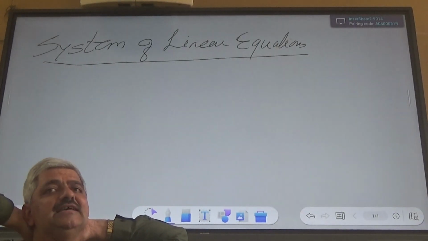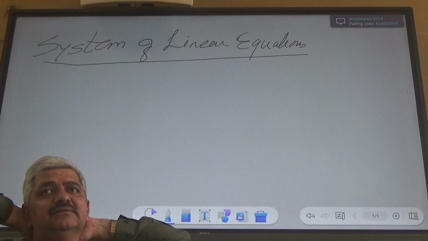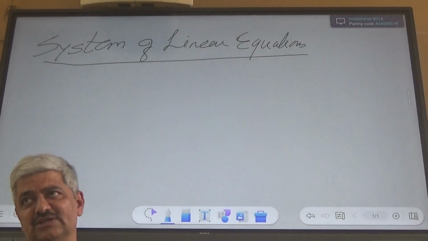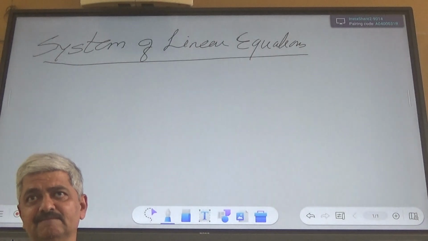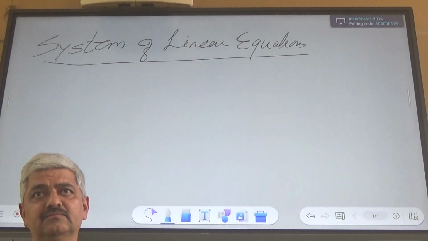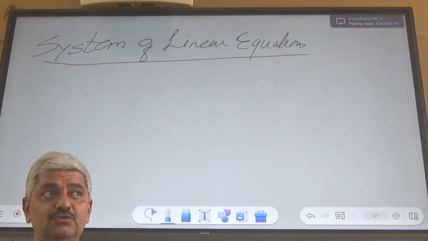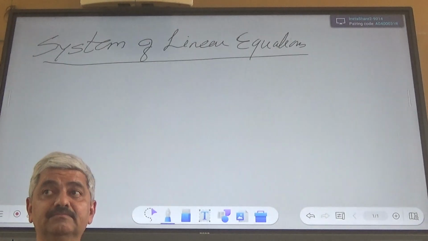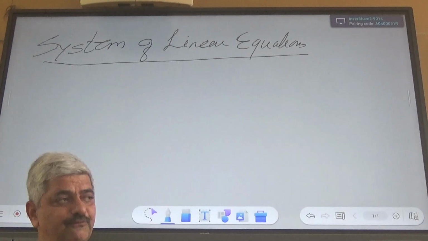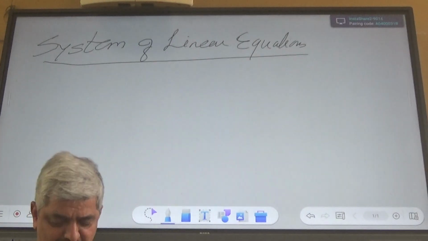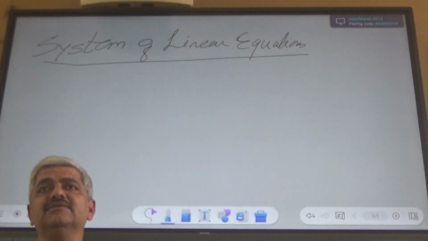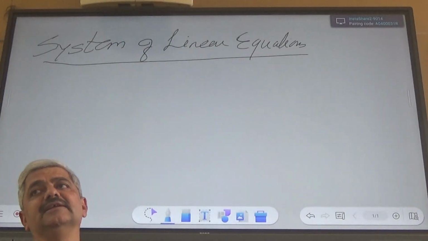So what is a linear equation? The first module is system of linear equations. What is a linear equation? Equation which depends only on one variable? No, that has nothing to do with linearity. Degree one. The number of variables, however many it may be, 1, 2 or n, they exist in their first degree.